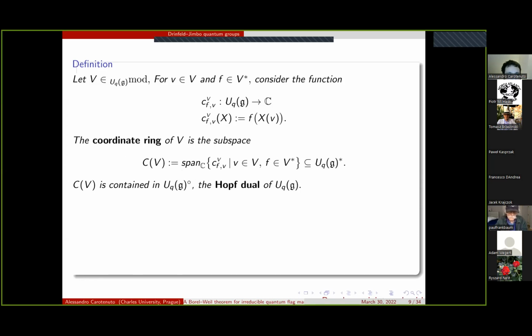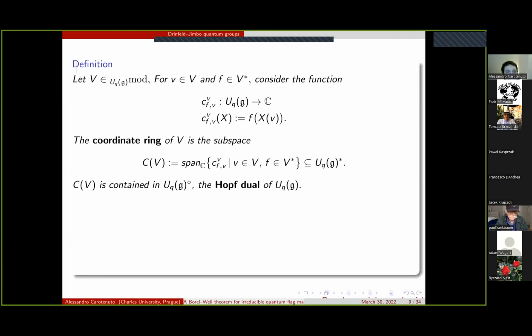Then I define the coordinate ring as the subspace over C of the span of these objects. And this is, by construction, contained inside the linear dual of U_q(g).